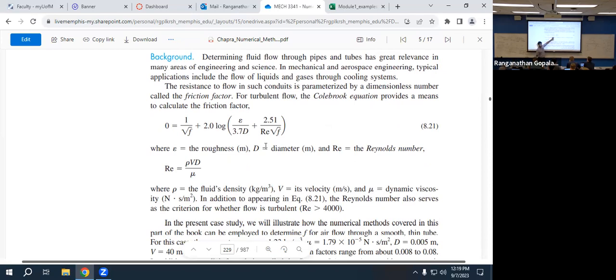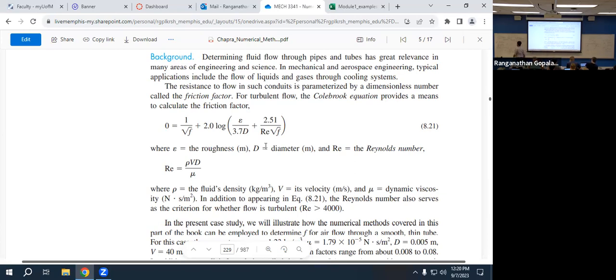So look at it like this. Call your f as x, x being the value you want to solve. This epsilon, this D, and this Reynolds number are all known values. They come from that particular application or situation, and you have to calculate them and put them here.